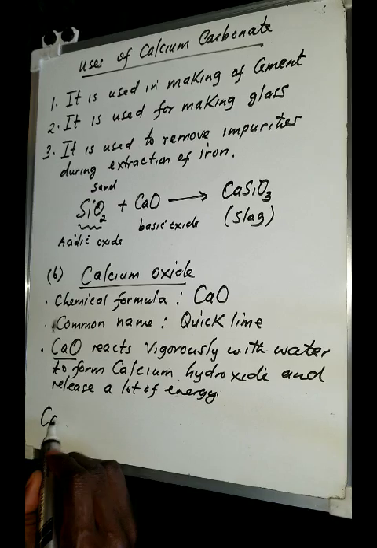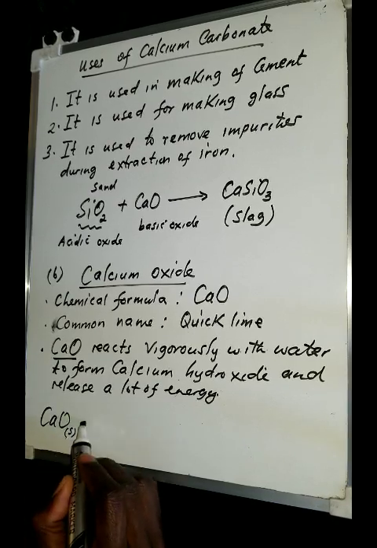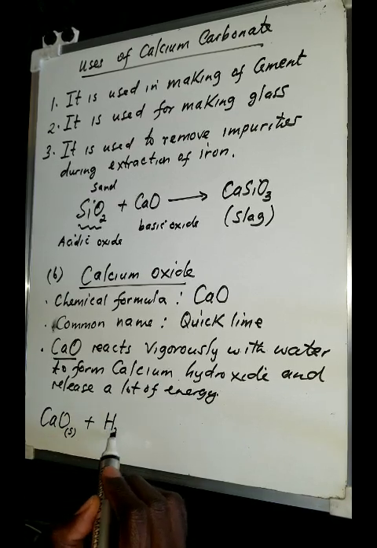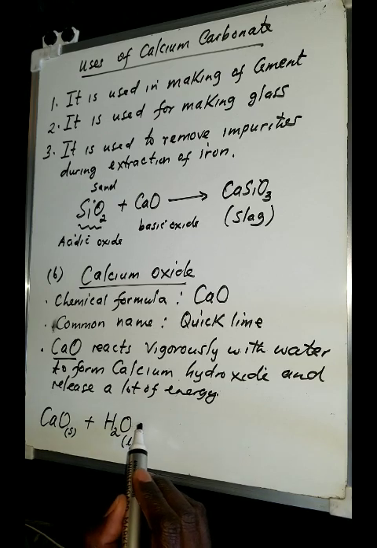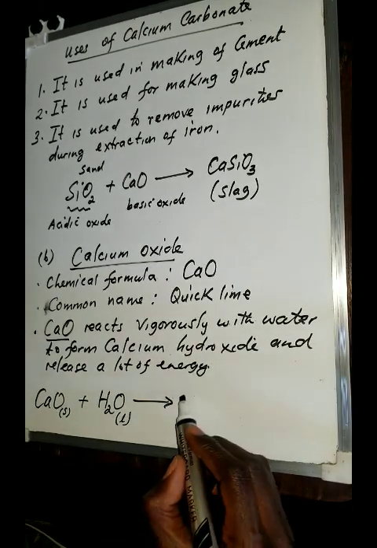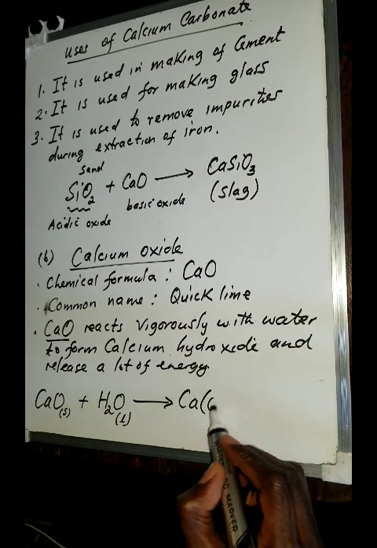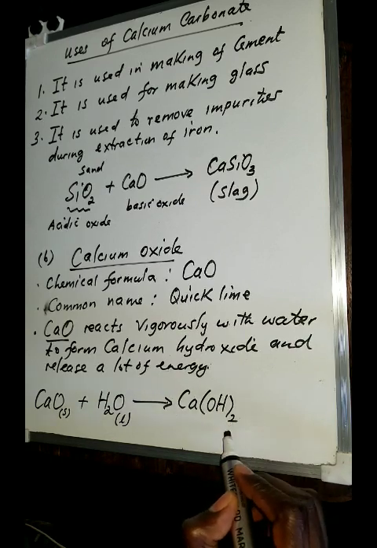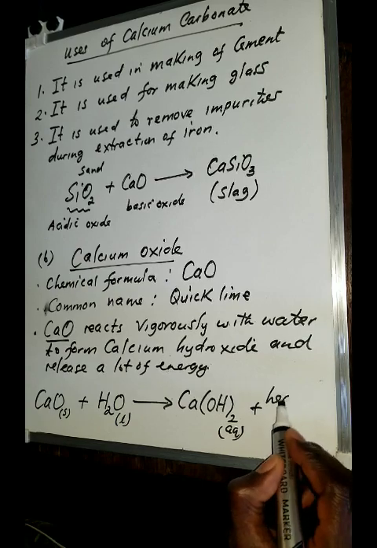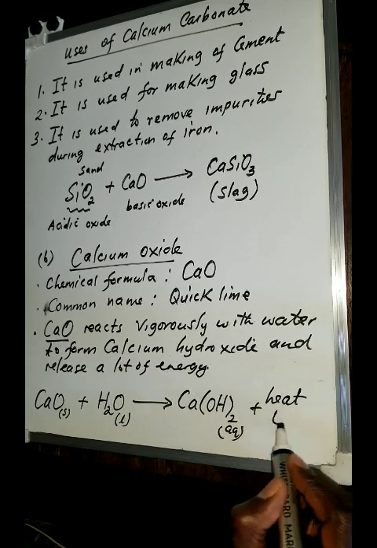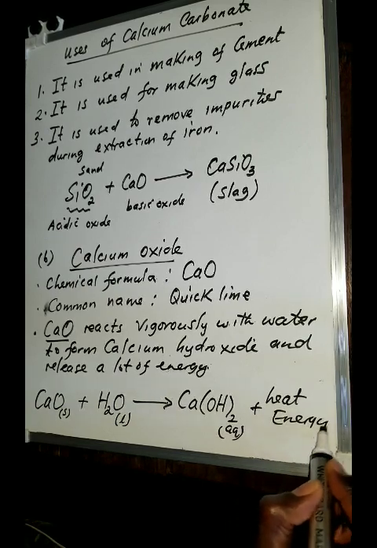So what do I mean? For example, when calcium oxide, which is in solid form, reacts with H2O, which is in liquid form, that is your water, what is going to be produced is calcium hydroxide, which is in aqueous form. Apart from that, a lot of heat energy is produced in this reaction.